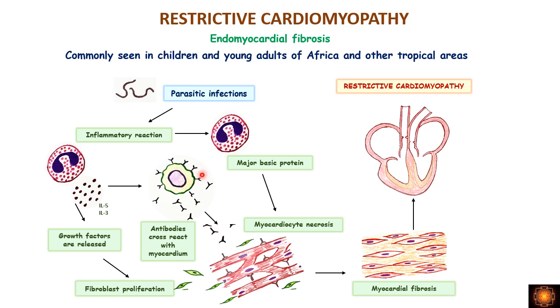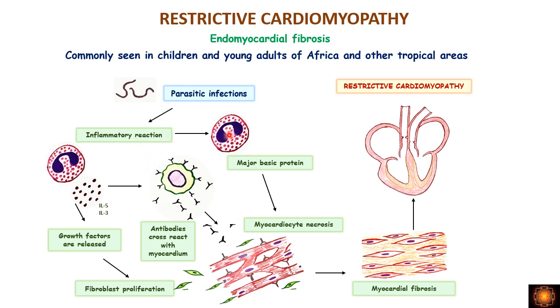So the antibodies which are produced here cross-react with the myocardiocyte and then they cause damage to the myocardium. Then the growth factors which are produced by these inflammatory cells stimulate the fibroblasts. So that causes the proliferation of the fibroblasts and you have deposition of collagen. So here basically what happens is you have damage to the myocardium and you have deposition of collagen. So this leads to myocardial fibrosis.